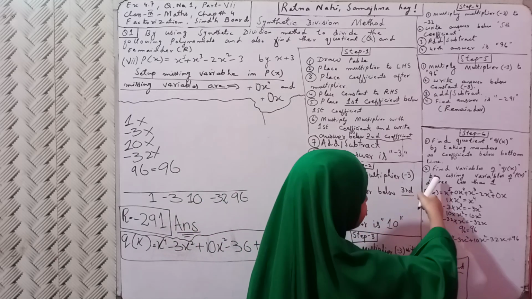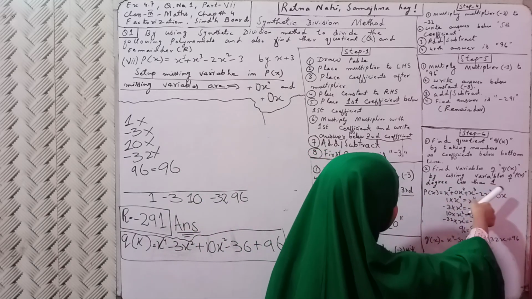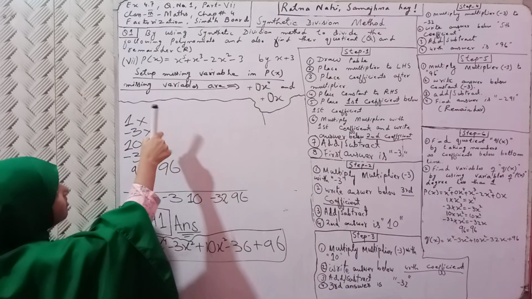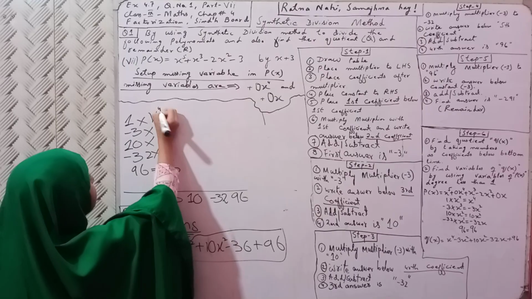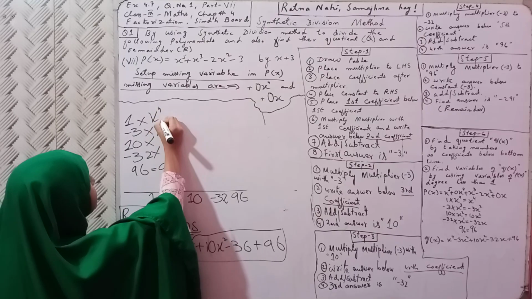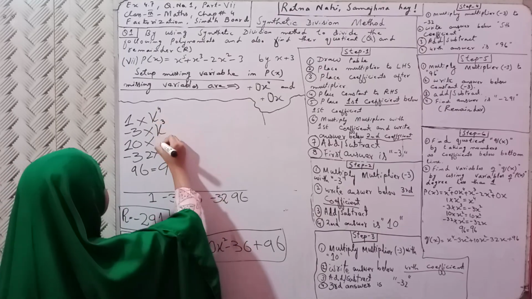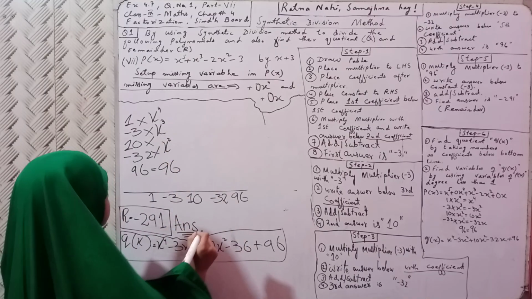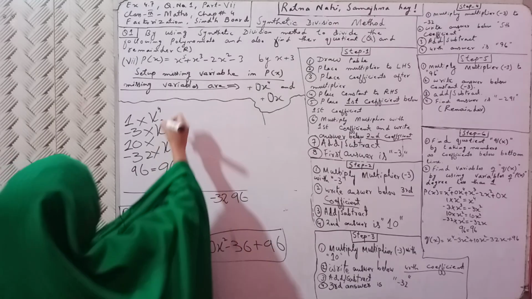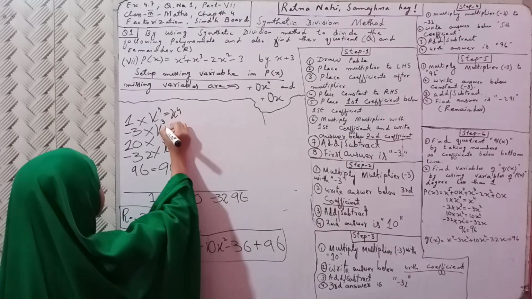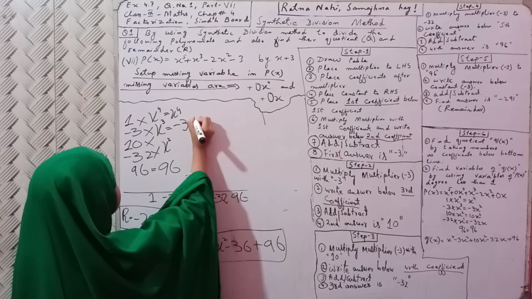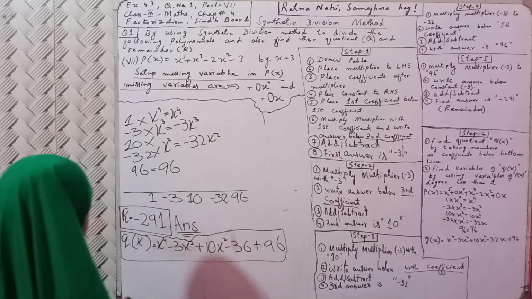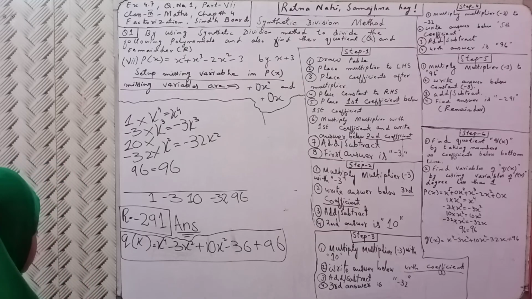Please, let's read the second step: find the variables of Q(x) by using the variables of P(x) with degree less by 1. Understood? Now, here will come x power 4, x power 3, x square. And here will become x power 4 minus 3x cube minus 32x square plus 10x square.